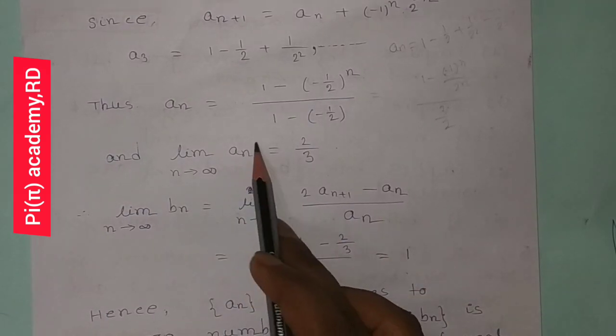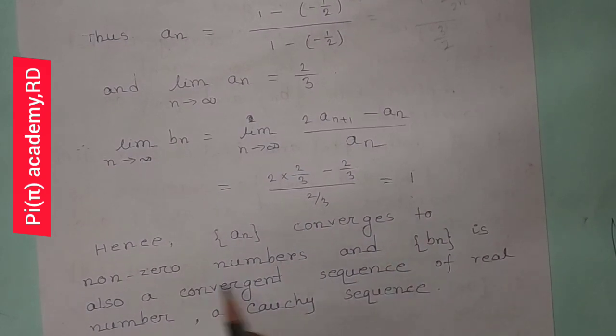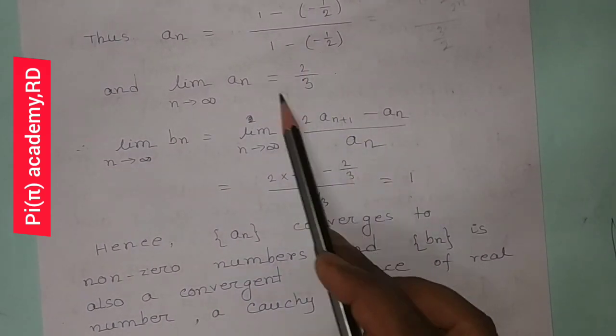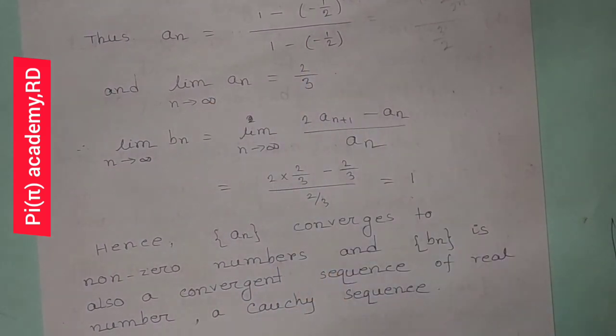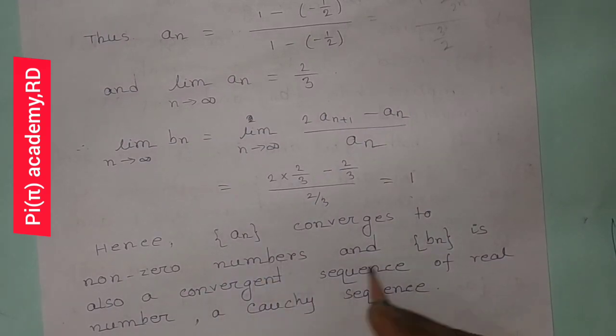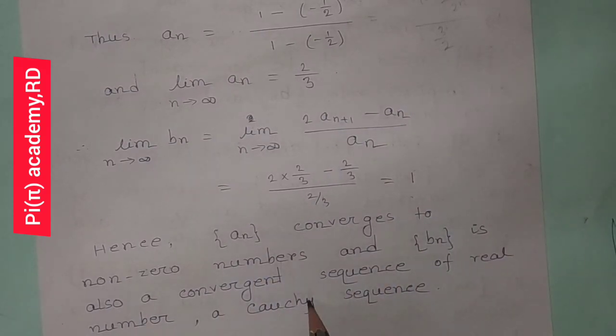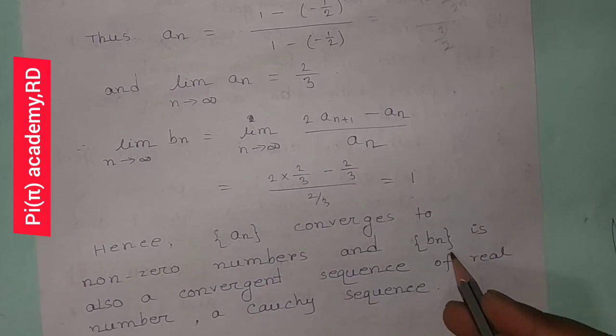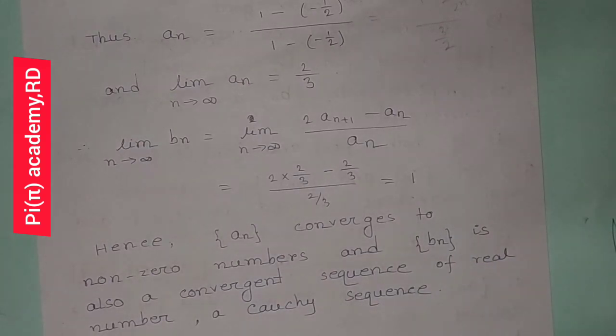Therefore the limit of a_n is 2 by 3. The sequence a_n converges to a non-zero number, 2 by 3, and the sequence b_n is also a convergent sequence of real numbers. Since b_n is a convergent sequence of real numbers, therefore it is a Cauchy sequence.